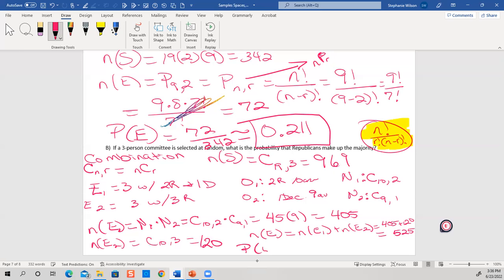The probability of this event happening is going to be, remember, this is our formula, the number of elements in the event over the number of elements in the sample. We got 525 divided by our 969. And I'm going to round to the nearest thousandth. And this is the probability.